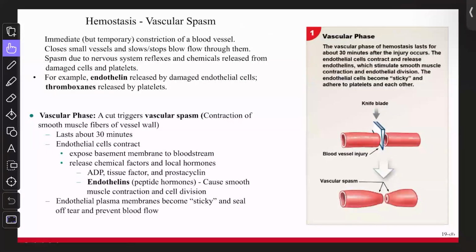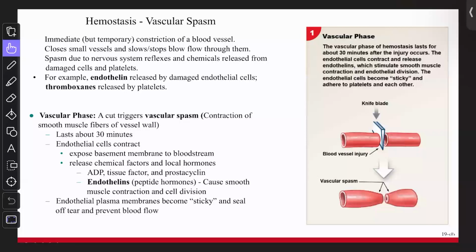When we talk about the vascular spasm, first of all, it's important that you remember what we're talking about here: some issue that has cut into or opened up a blood vessel. The first thing the body is going to do when a blood vessel is opened is contract the smooth muscle in the walls of that vessel.